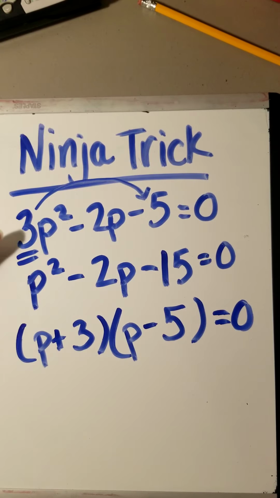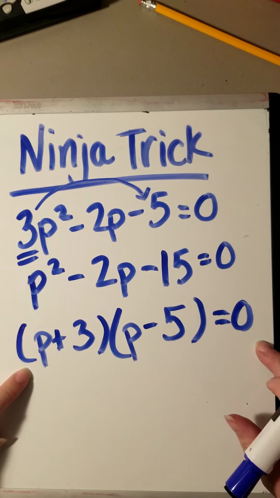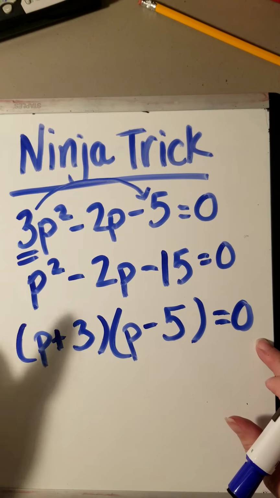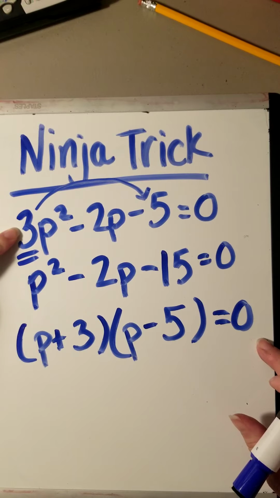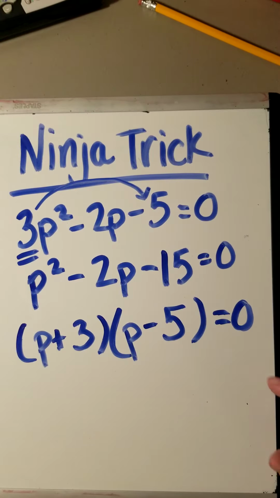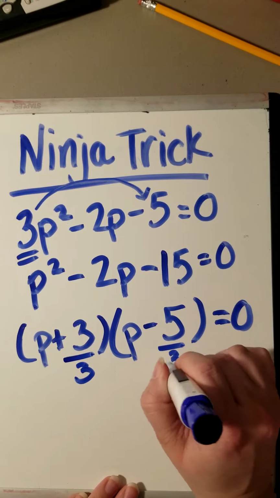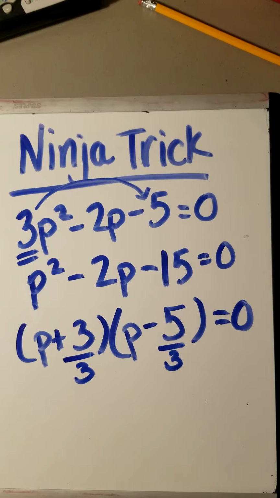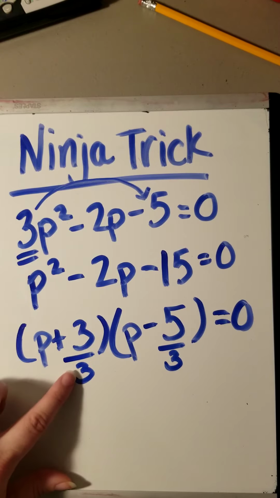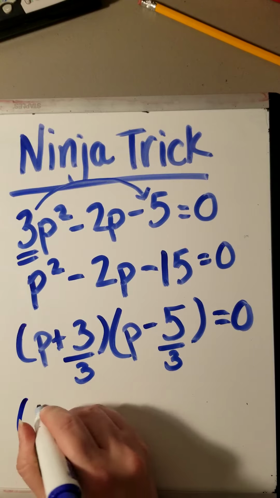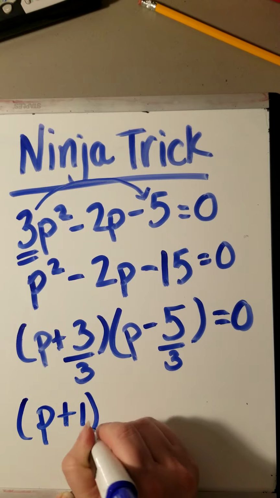Okay, so your first step was to multiply. Now that you've done that and you split it up into the two factors, what went away by multiplying is going to reappear by dividing. I take each of these numbers and I divide by 3. In the first case, 3 divided by 3 divides evenly, so this is just p plus 1.